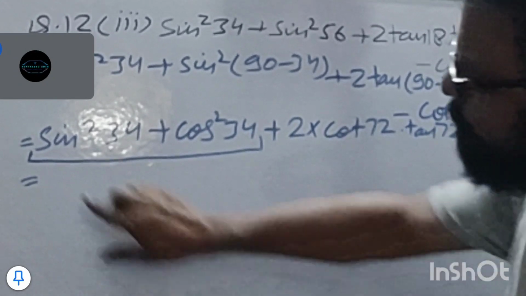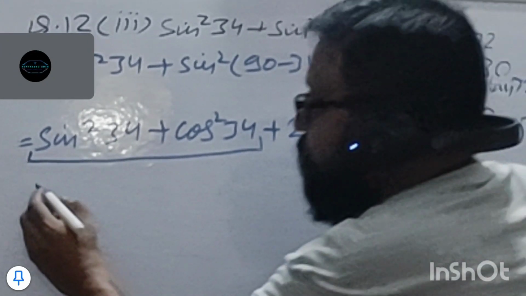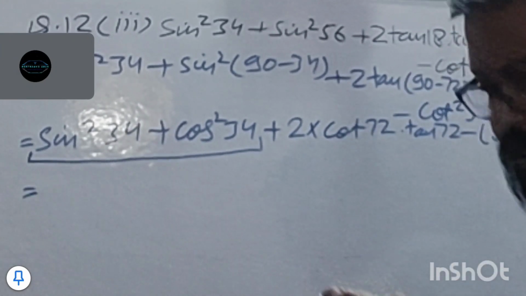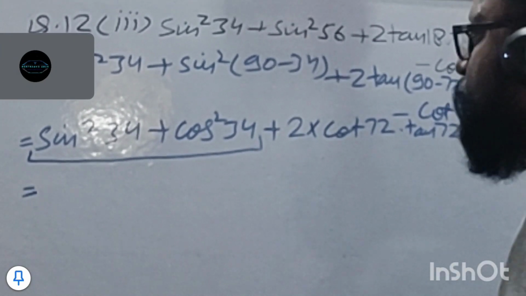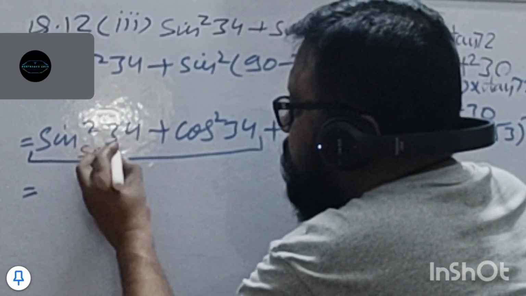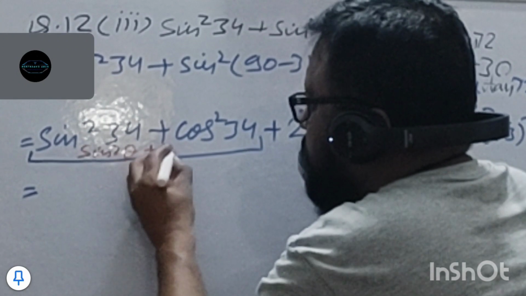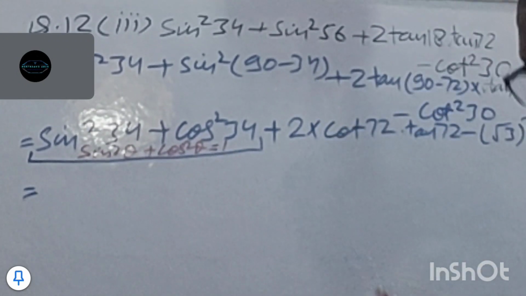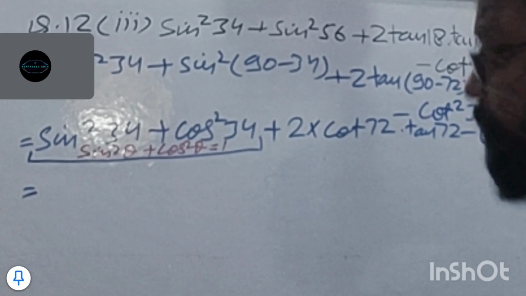Here we will use the identity: sin² θ plus cos² θ is equal to 1.